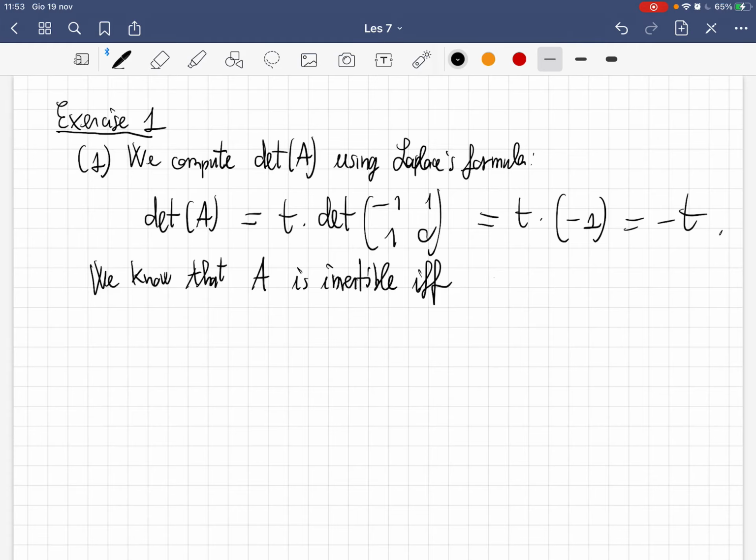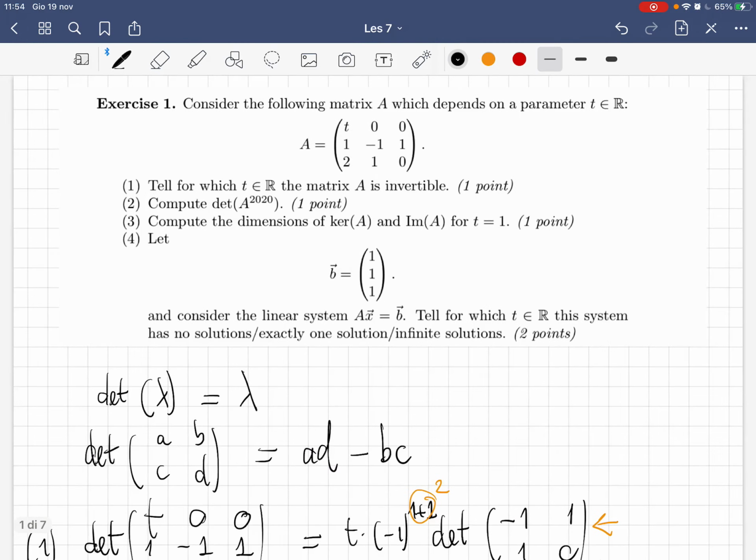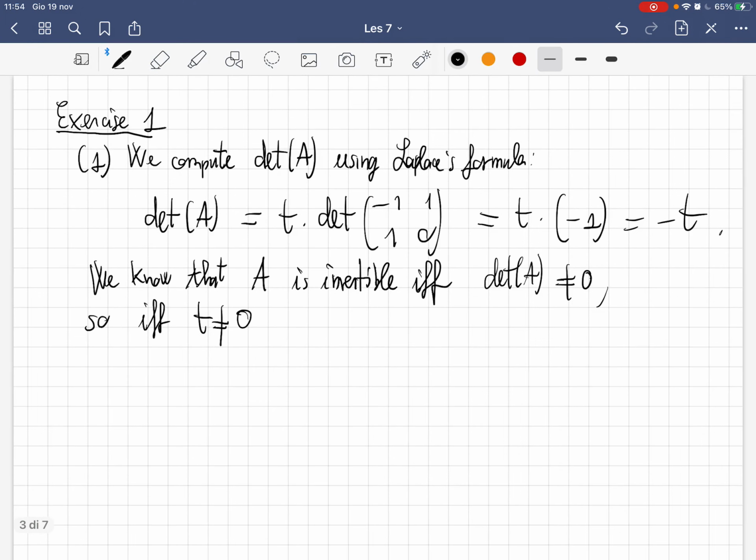Okay, if and only if the determinant of A is different from 0, so if and only if T is different from 0. So I mean, here I just didn't write minus T different from 0, which is actually the same as T is different from 0. I mean, this kind of thing we can omit. Minus T different from 0 is the same as T different from 0. That we can omit safely. Okay, this is it. This is for the first part.